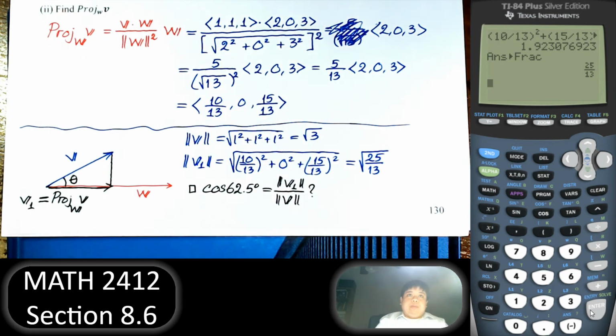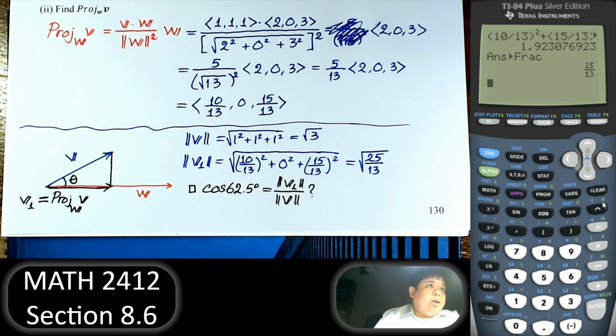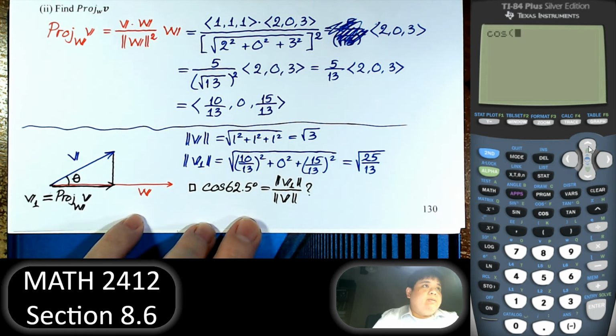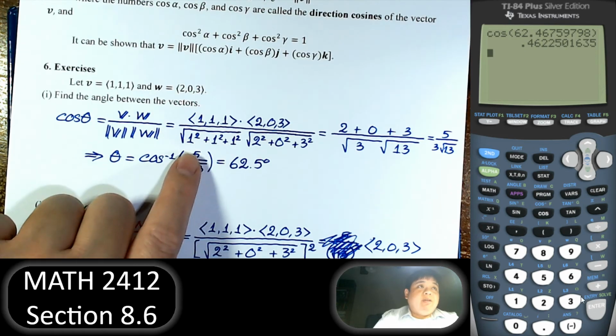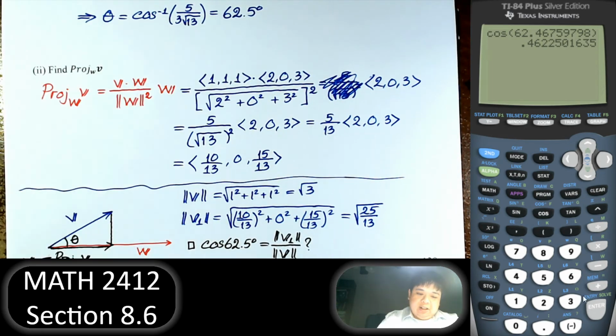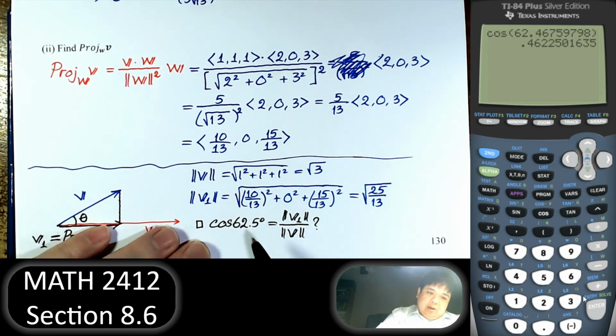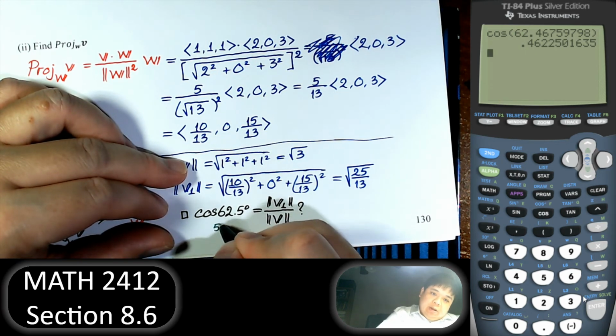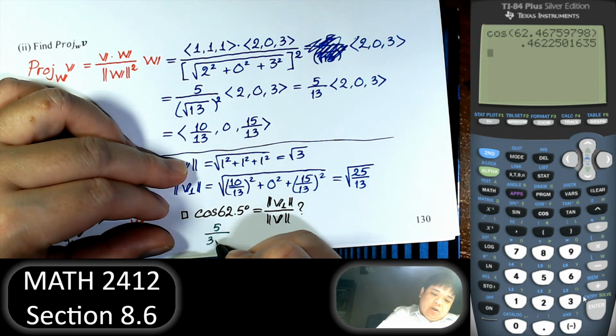Is that true? So what I'll do is take the cosine of the angle, which of course what we said earlier is 5 over 3 square root of 13. So cosine of the angle is equal to 5 over 3 square root of 13.